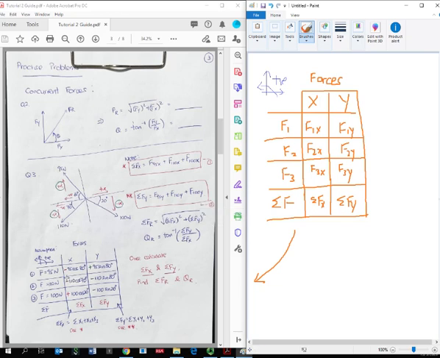That's why you can see the red marking here, here, and here. These are the directions of the forces. You put it properly, you just sum them up, and effectively you will get your results.